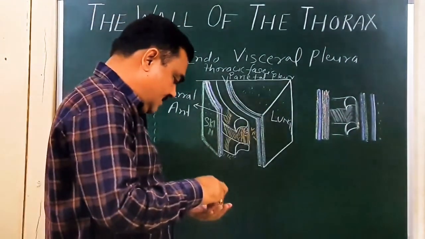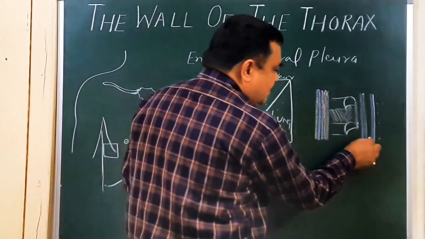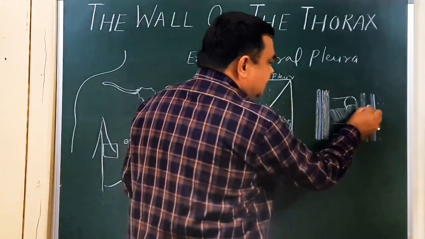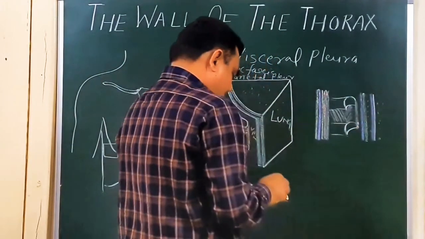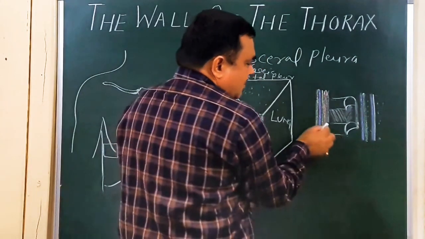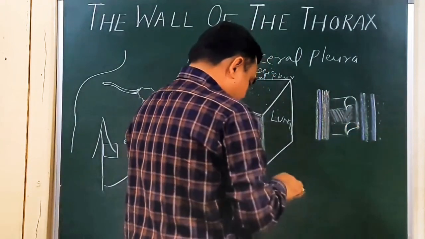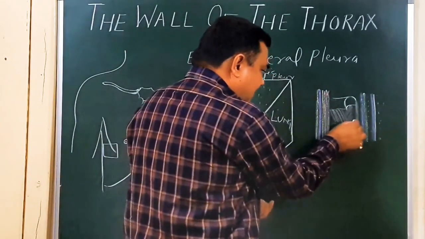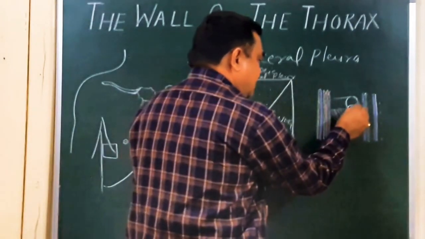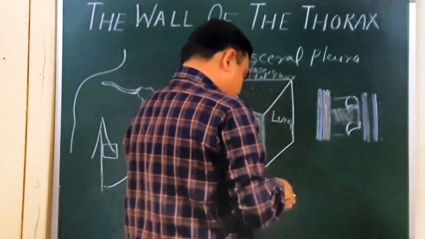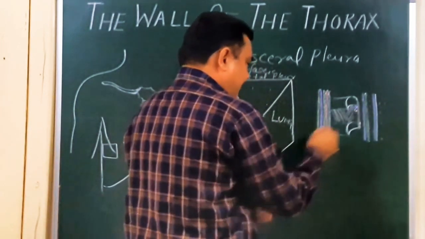In case of pleural effusion, the pleural fluid is collected on this side. The needle is inserted, passing through the lower part of the intercostal space, because in the upper part of the space there is vein, artery and nerve.